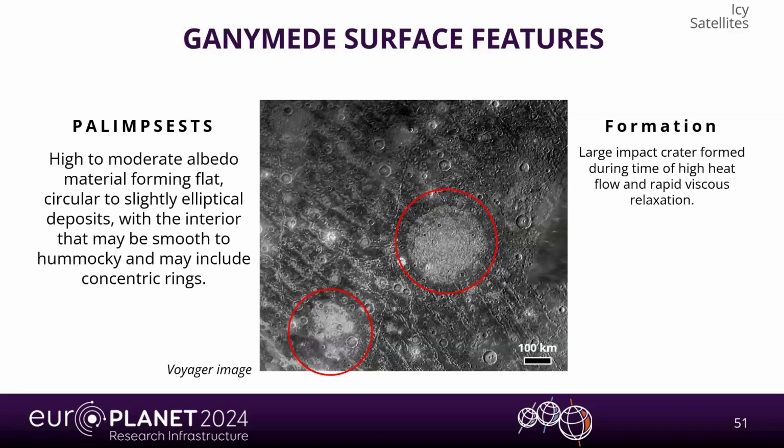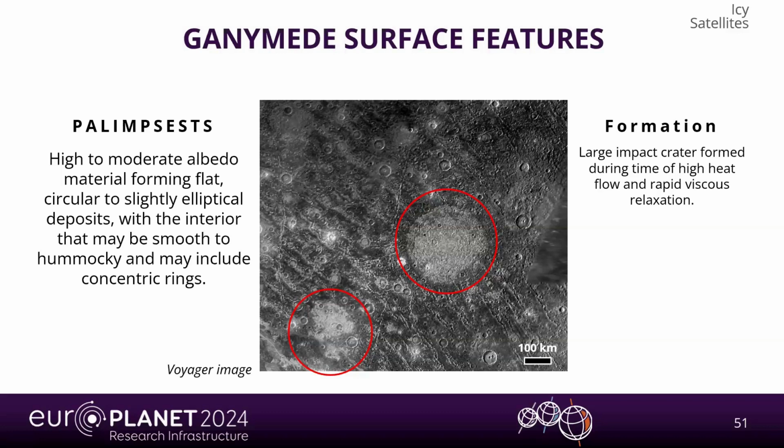And as on the other planetary bodies, the surface of Ganymede, and mostly the dark terrain of Ganymede, is characterized by craters and also palimpsests. Palimpsests are circular to elliptical features with smooth or also hummocky texture and an albedo that is relatively higher than the surrounding dark material.